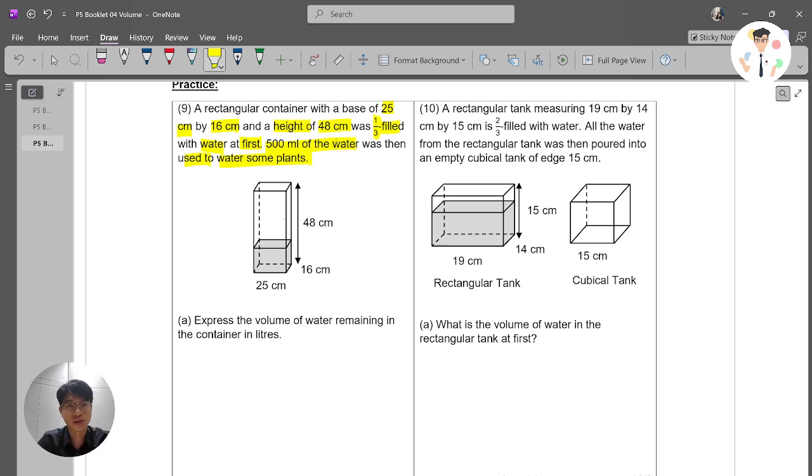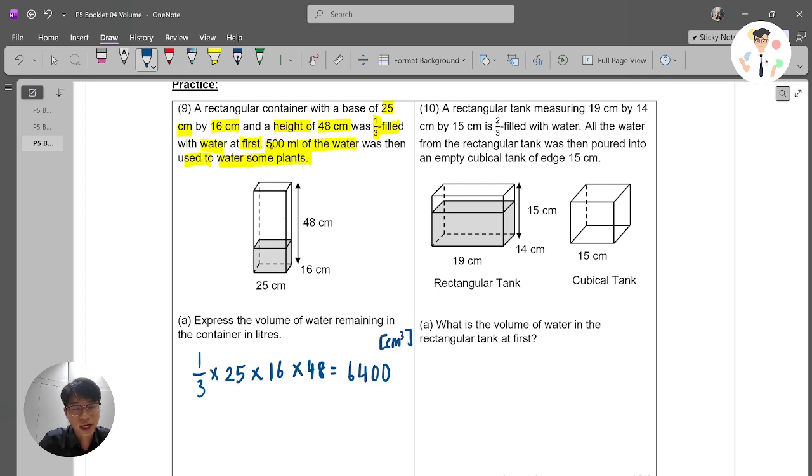If I use that 500 for something else, I need to minus it away. So again, first, what is the volume of the water? It is 1/3 of 25 times 16 times 48. That is the volume of water inside. If you press your calculator, you should get 6400, and again, this is in cm cube.